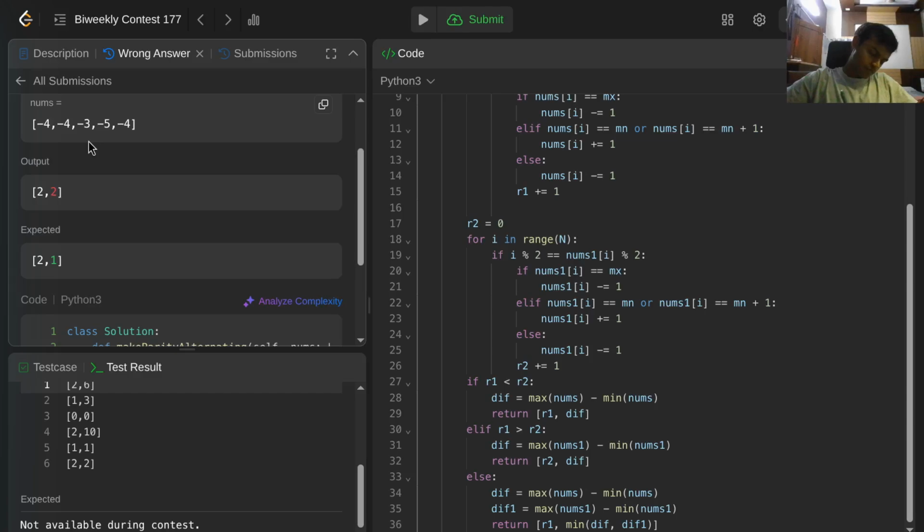Minus 4, minus 3, minus 4, is 5, is 4, is 7, is 5, is 2, is 3, is 4, is 2, is 5, is 4.